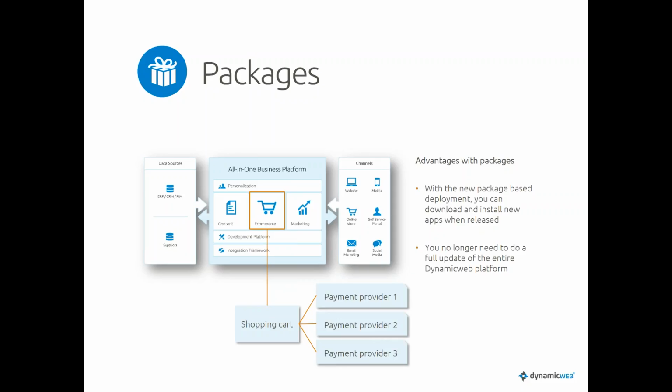Each of these payment providers has received a small update from our side, and these updates can now be distributed in a small package that you just click and install from your backend, instead of needing to go through an upgrade project and get a complete upgrade of your solution. So it's much faster, and there is also a lot less risk involved in updating one small component of your system instead of all of it.